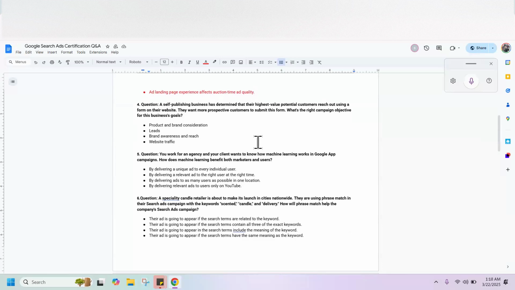A self-publishing business has determined that their highest value potential customers reach out using a form on their website.